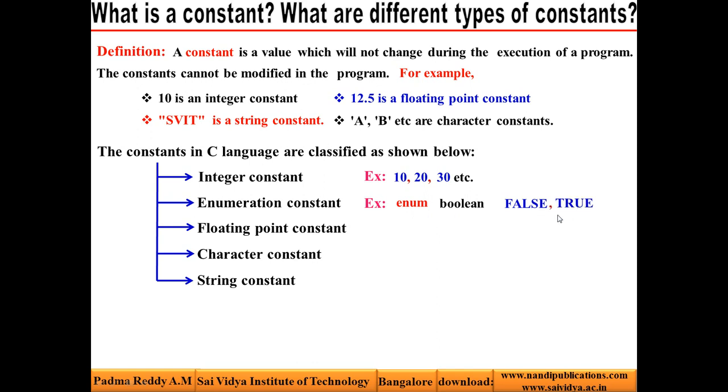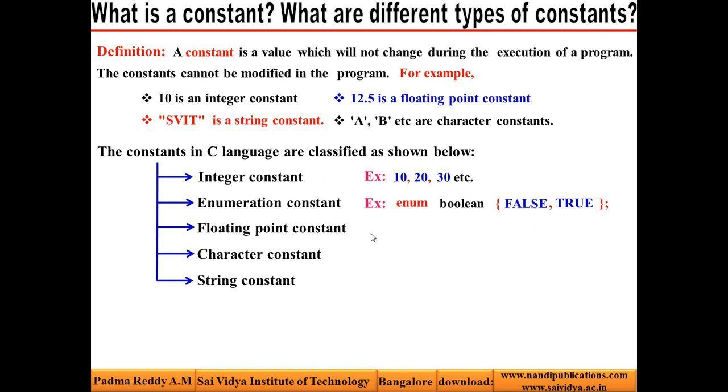If these two are the identifiers whose value is 0 and whose value is 1, then these two identifiers are called enumeration constants. All enumeration constants must be enclosed within braces like this, and it should end with a semicolon.